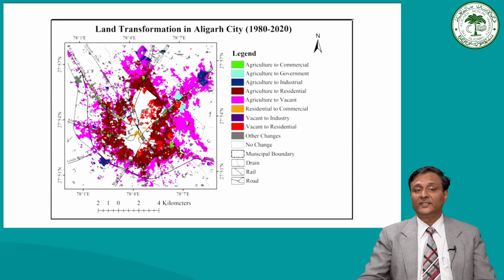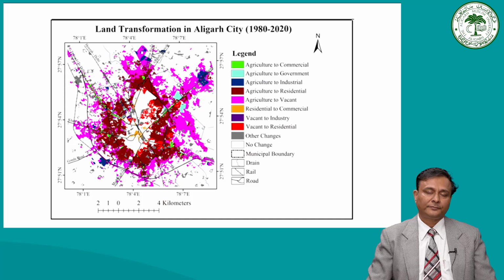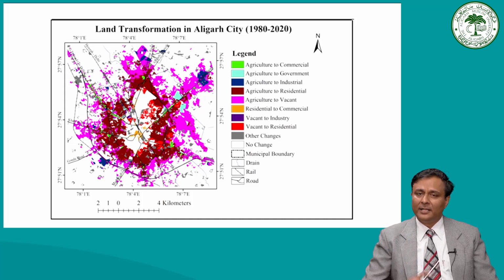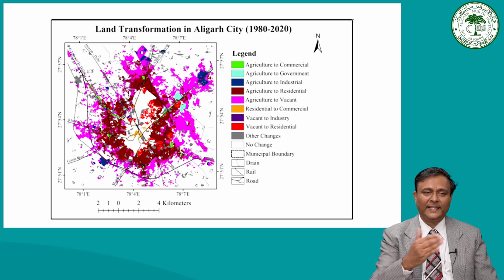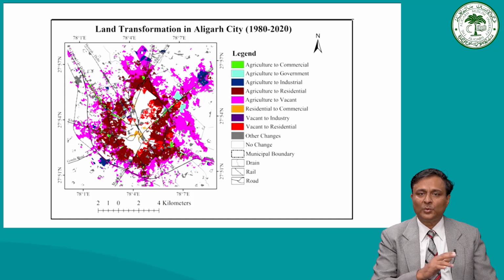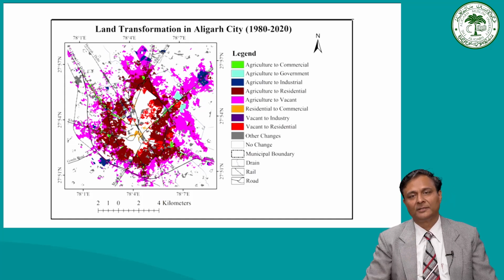Then you see, this is the total change between the entire study period. Again, the spatial dimension. So I would say it's very easy to explain this particular image. But previous to that will give you the trend of change, pattern of change.